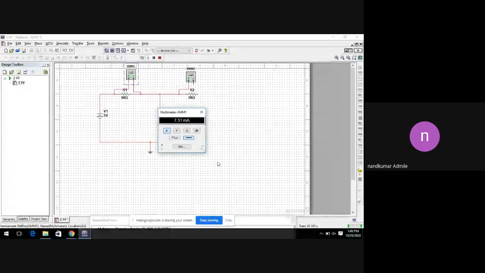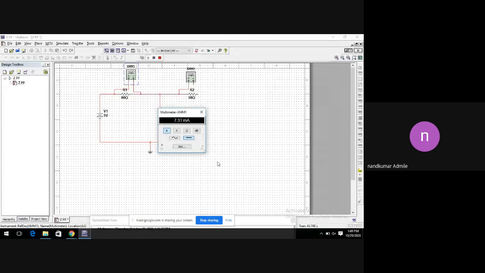What is the unit of current? In which unit can we measure the current? Ampere. Okay, very good. So we put the knob on ampere, and we can display the value of current I1 as 7.31 milliampere.